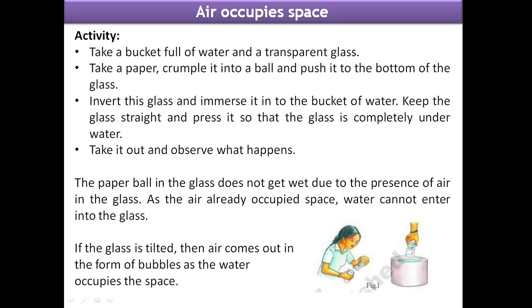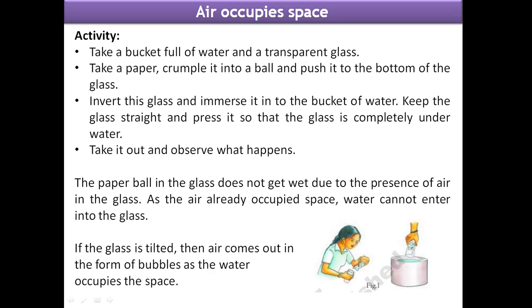Take a bucket full of water and a transparent glass. Take a paper, crumble it into a ball and push it to the bottom of the glass. Invert this glass and immerse it into the bucket of water. Keep the glass straight and press it so that the glass is completely under water.